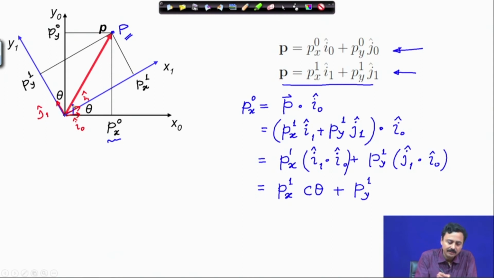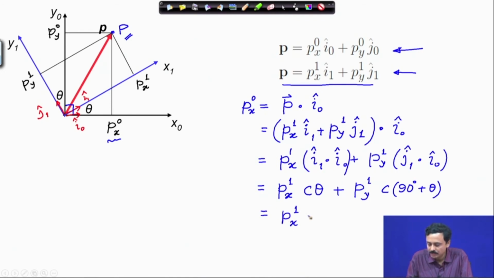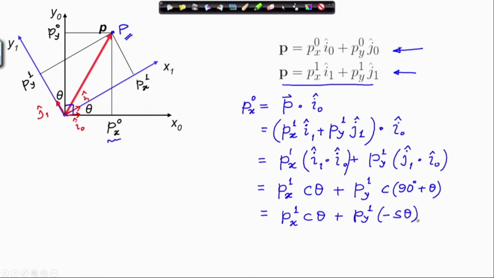So, this becomes cosine of 90 degrees plus theta. So, that becomes Px1 cosine theta plus Py1 times cosine of 90 plus theta, which is minus sine theta. Therefore, this becomes Px1 cosine theta minus Py1 sine theta.